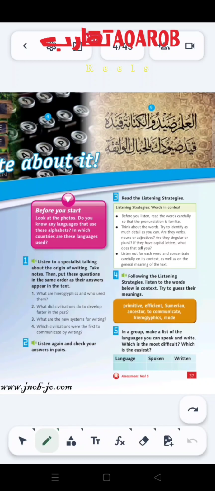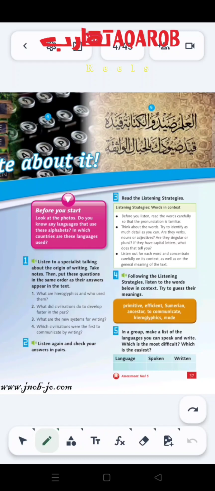Efficient is producing satisfactory results. For example, I'm very efficient at work. I don't waste my time. Sumerian, what's the meaning of Sumerian? Sumerian is belonging to the ancient civilization of Sumer in southern Mesopotamia. For example, the Sumerian civilization was in modern-day Iraq.